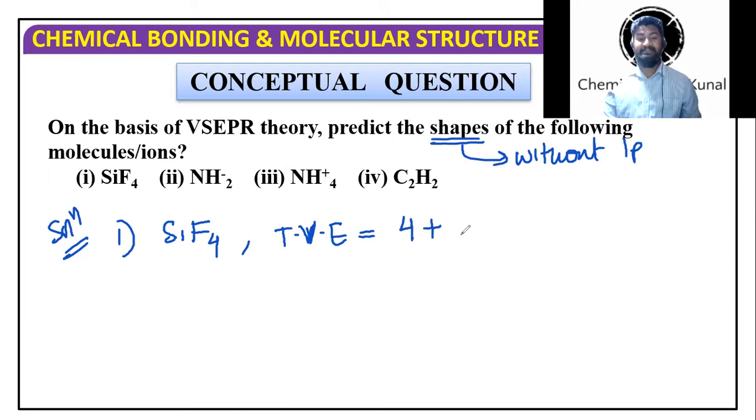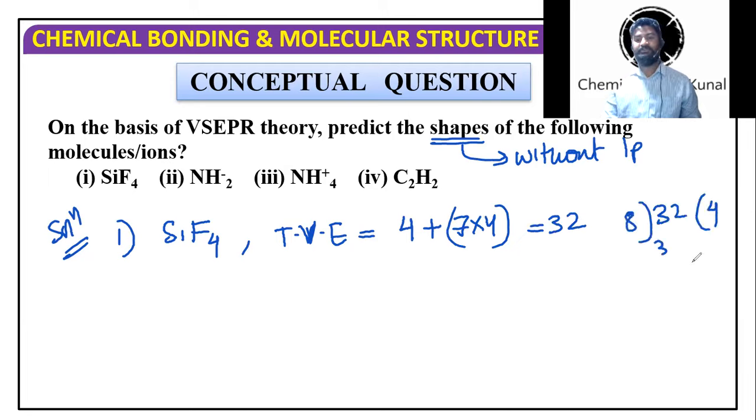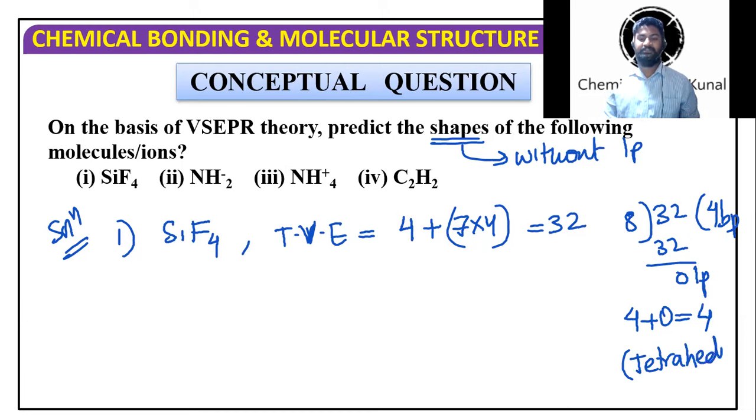Fluorine has 7. 7 into 4 is 28. 28 plus 4 is 32. 32 divided by 8 gives 4 bond pairs and 0 lone pairs. So 4 plus 0 is 4: tetrahedral. What's the shape of this? Tetrahedral. Why is the shape not different from the structure? No lone pairs, no difference in shape. So the first question's answer is tetrahedral.